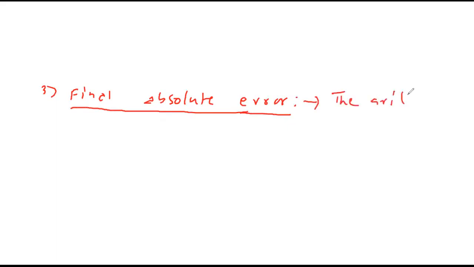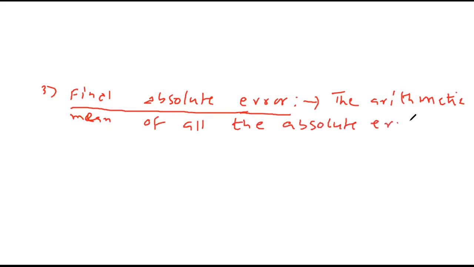The arithmetic mean, the average of all the absolute errors is called as final absolute error.